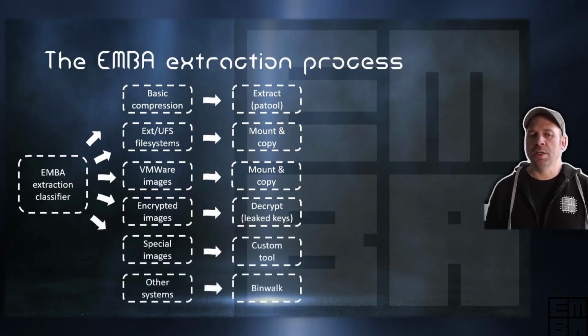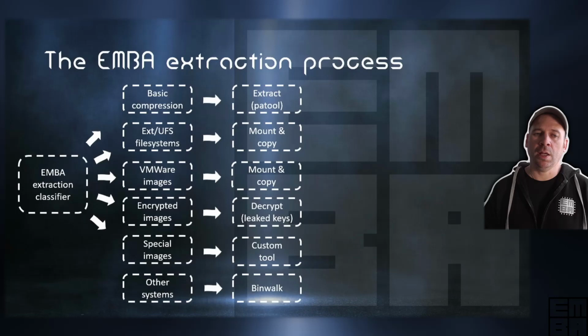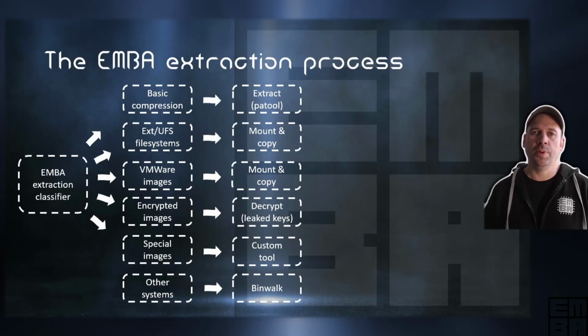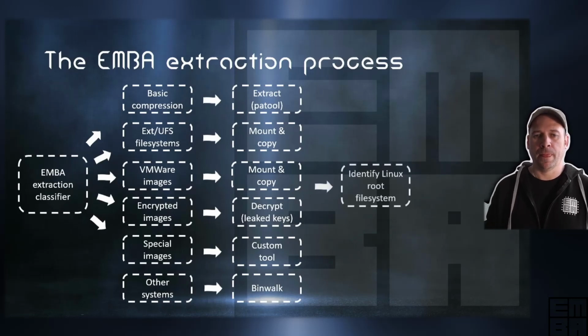And finally, some special things like firmware from special vendors like AVM. We are using tools for this. And at the end, if none of our handmade extraction modules caught it, we are falling back to a binwalk extraction mechanism.